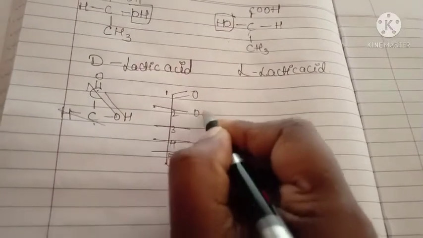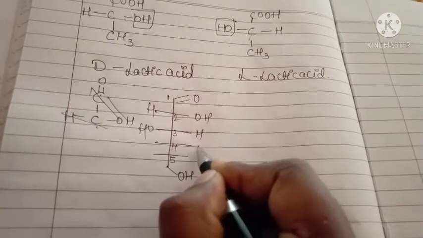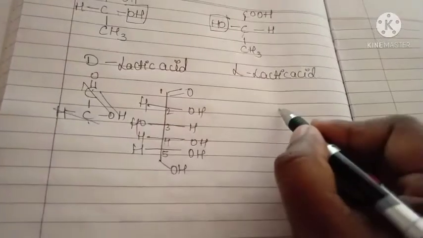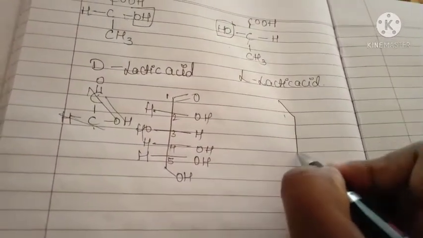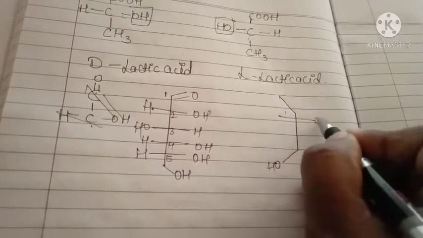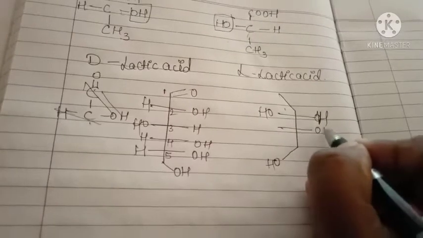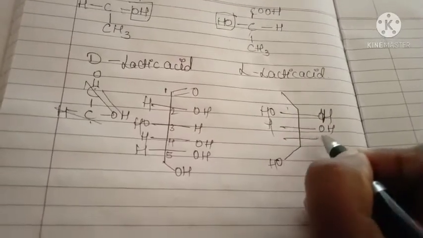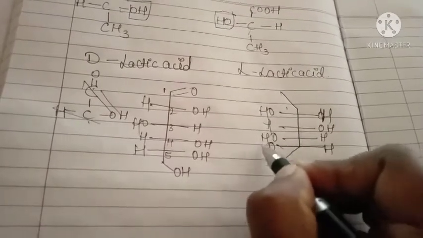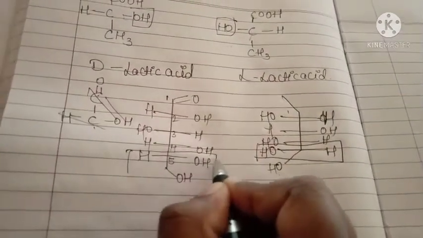Here OH H, H OH, OH H, H OH. And another one is H OH, OH H, H OH, H OH. Okay, you have to observe here there are so many asymmetric carbon atoms present.